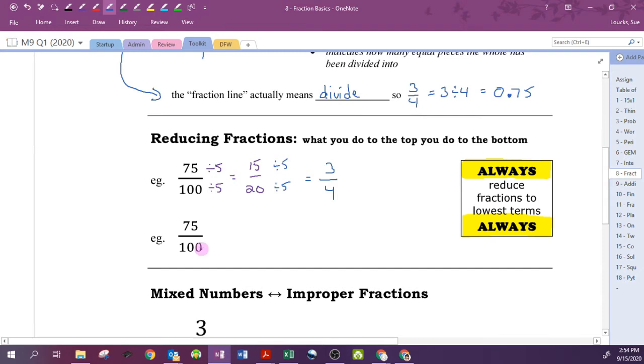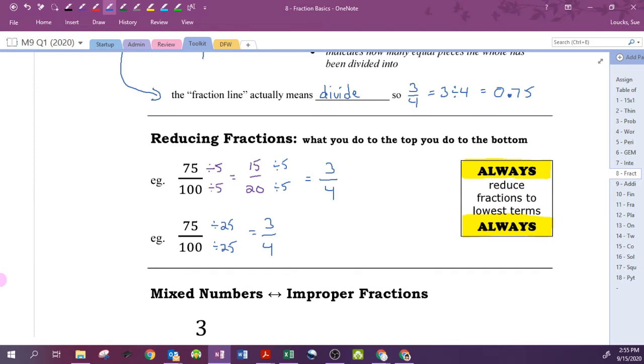Okay, there's another way, it's not really another way, kind of another way to do this, and that is I could just look at this and go, oh, I can divide them both by 25. So I can divide the top by 25 and I can divide the bottom by 25, and I get 3 over 4. Okay, it does not matter at all which route you take.